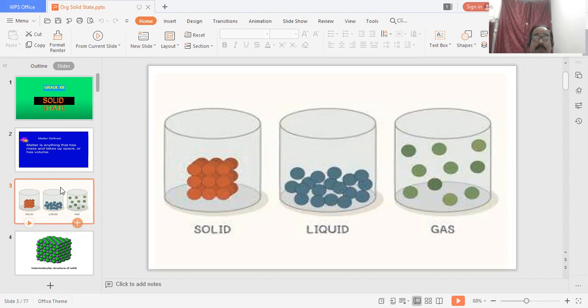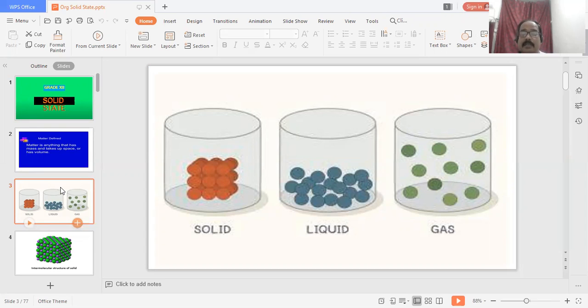According to the definition of solid, the particles are closely packed. In liquid, the particles have some freedom compared to solid, and in gas, even more. So the intermolecular force in solids is strong compared to liquids and gases because the particles are closely packed to each other.